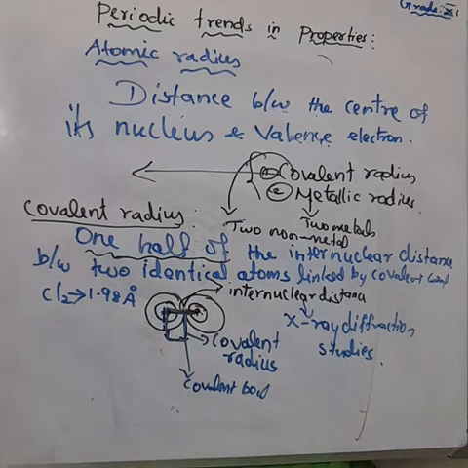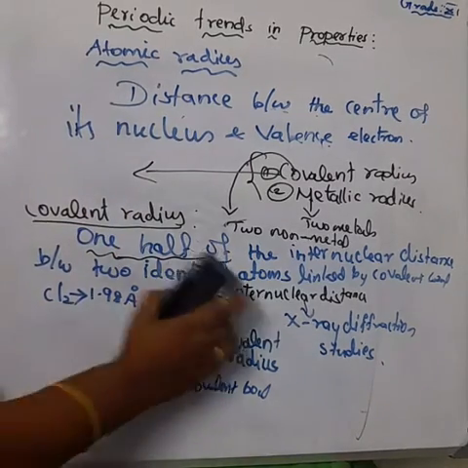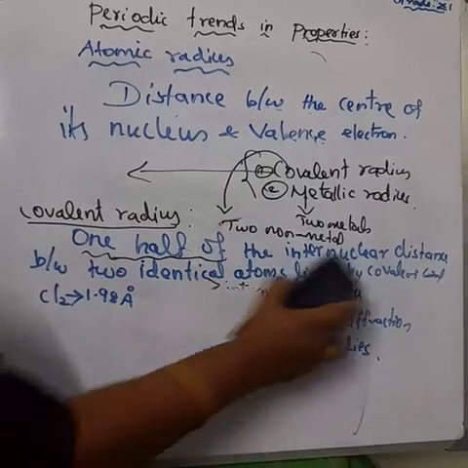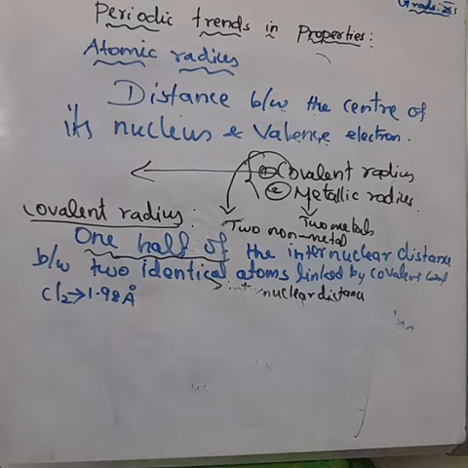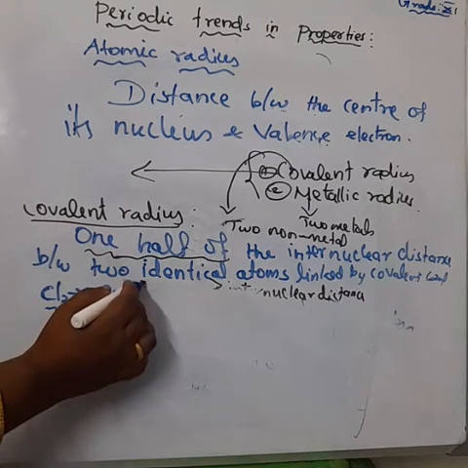The covalent radius of chlorine: how can we measure it? Here 1.98 Angstrom is the internuclear distance in the Cl2 molecule.